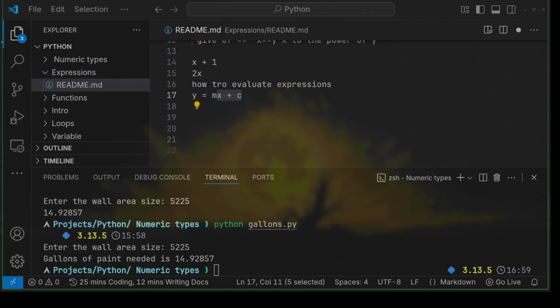There are rules for arithmetic operators. We normally start with what's in the parentheses, and the exponent is next.